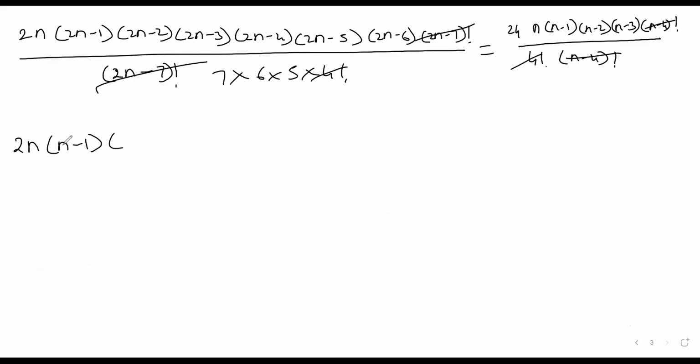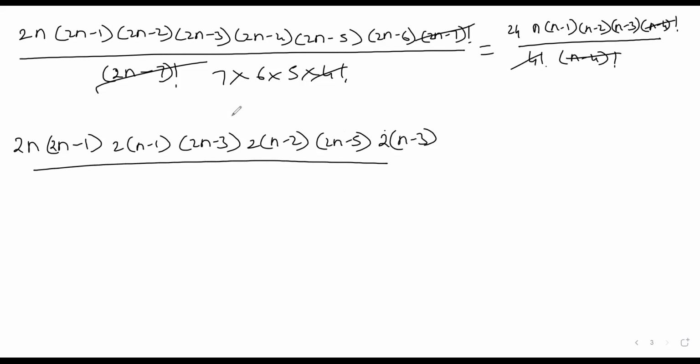Here 2n minus 1 it is. Here I'll take 2 common. I'll get n minus 1. 2n minus 3. Here I'll take 2 common. I'll get n minus 2. 2n minus 5. Here I'll take 2 common. I'll get n minus 3.